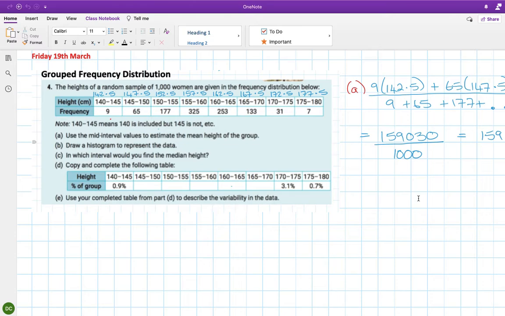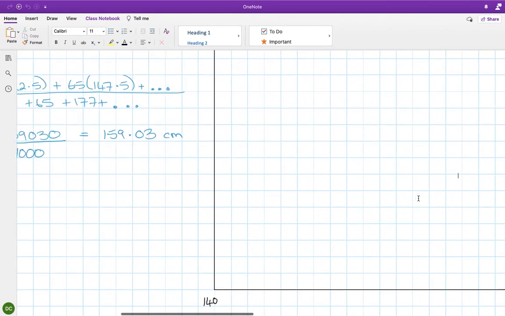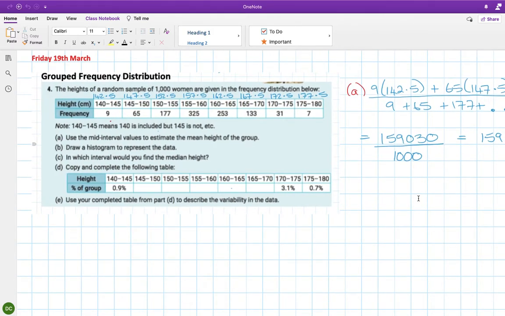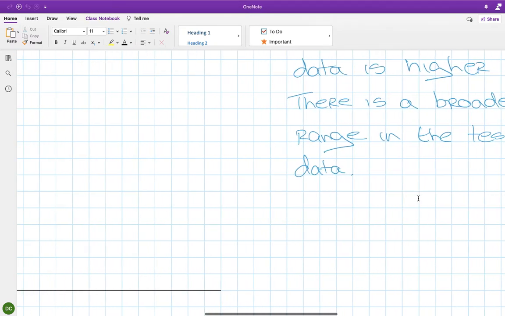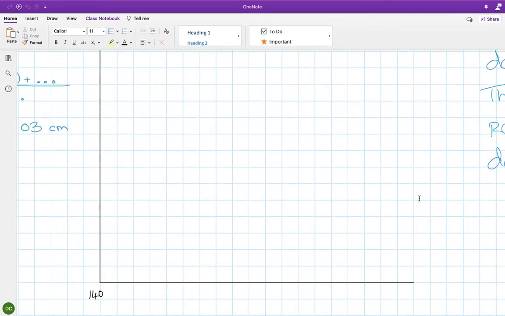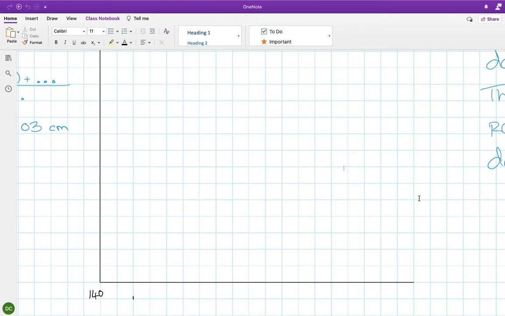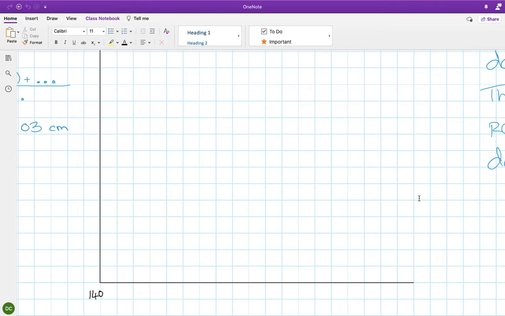Now, what are we going up in? 5s, up to 180. Okay, what have I got space for here? So 145, 150, 155, 160, 165, 170, 175. Yeah, okay, I can go into it. I'm going to take 2 boxes. I was just making sure I had enough room.